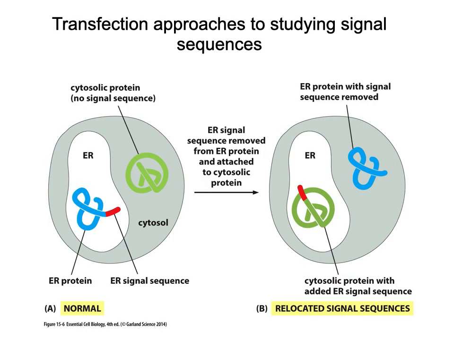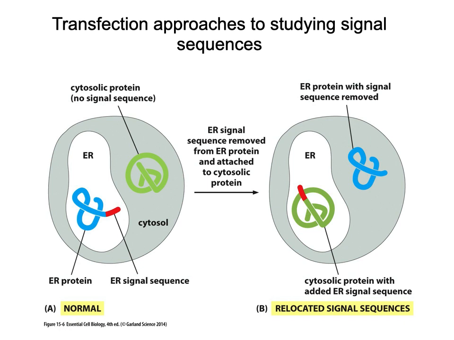Right, and so how do we know that these signaling sequences actually code for location? What we can do is transfection assays, where we can take a protein of interest. So maybe we have a protein that's normally found in the ER.